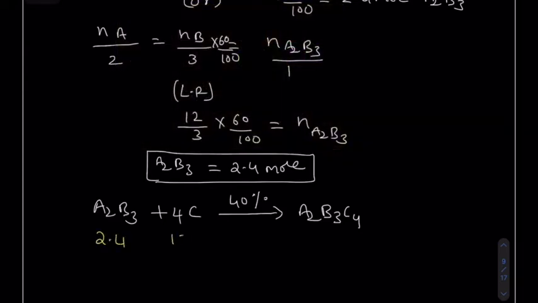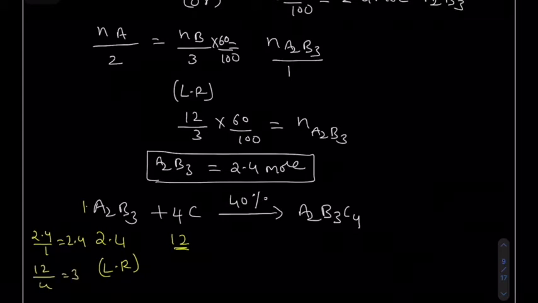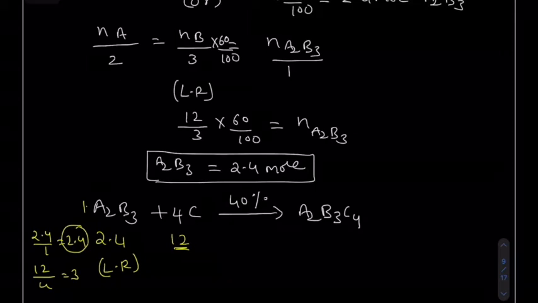How many moles of C here? 12 moles. Here A2B3 will be the limiting reagent because stoichiometry 1, 2.4 by 1, and 12 by 4. So you have 2.4 by 1, that is 2.4. Here the number of moles is 12, stoichiometry 4, giving 3, and the minimum value is 2.4. That's why A2B3 is the limiting reagent.